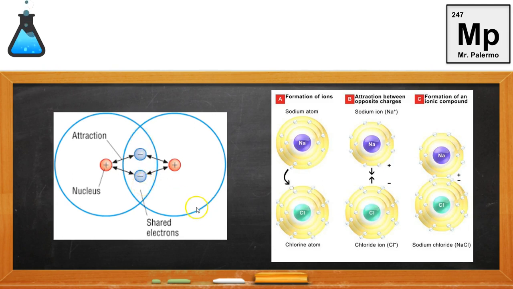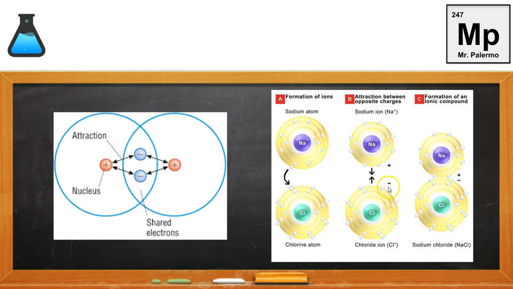If one of the atoms, like here, chlorine and sodium, has a much higher electronegativity, so it's got a stronger attraction for electrons, then chlorine will actually take sodium's electrons, and they'll be transferred over. In doing so, they complete their valence shell of electrons, but now chlorine forms the chloride ion.